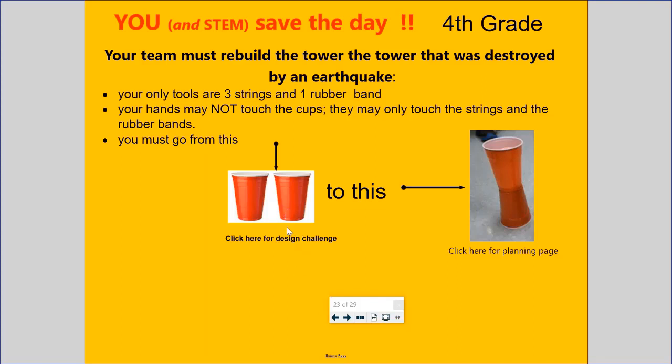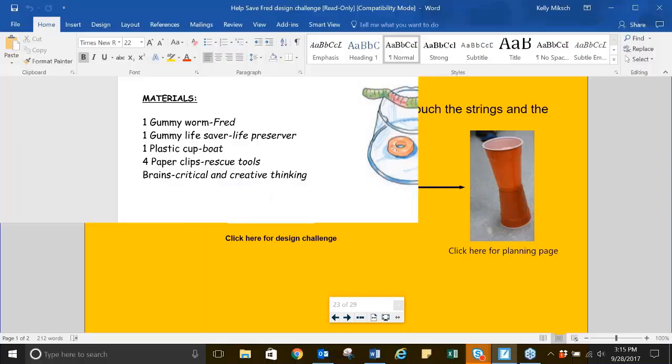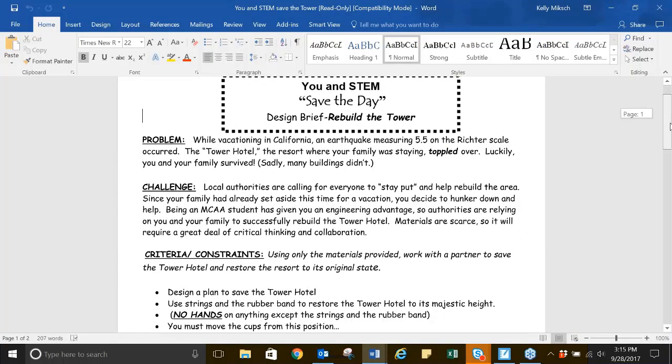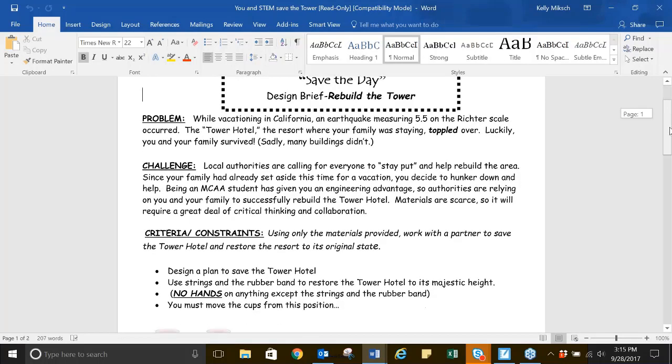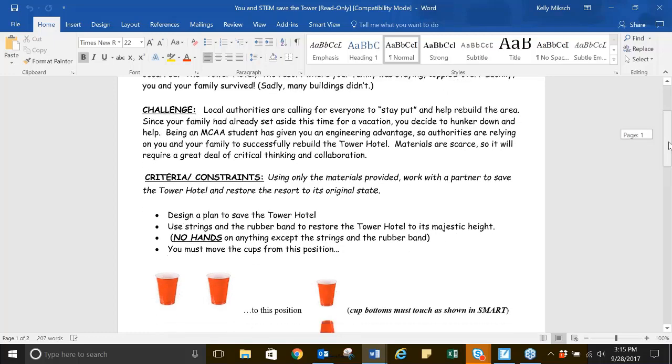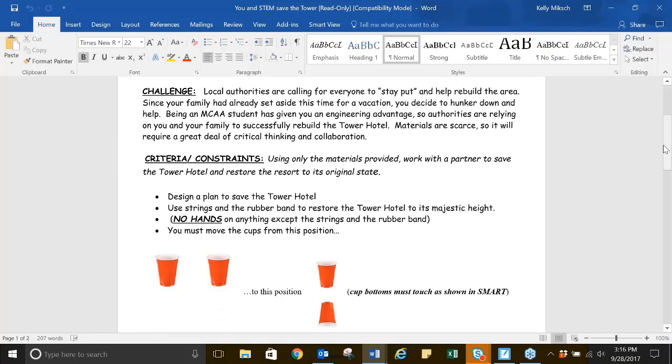And again, if you click on the link, there is a write-up of the design brief. Rebuild the tower while vacationing in California. An earthquake measuring 5.5 on the Richter scale occurred. And fourth grade for us has the standard of weather. So we're bringing in earthquakes and we start talking about the Richter scale and what all that means.